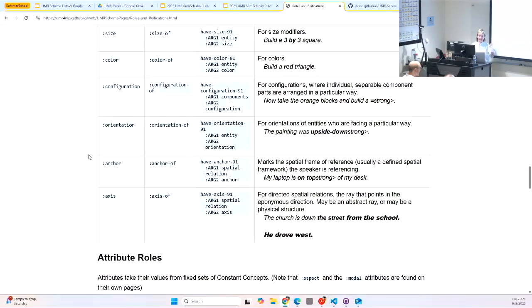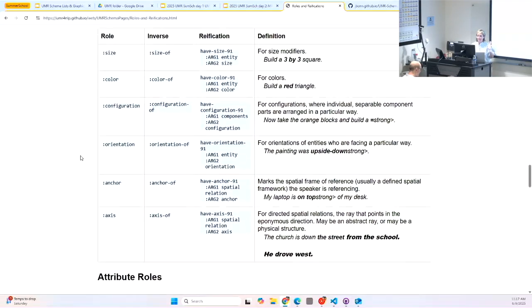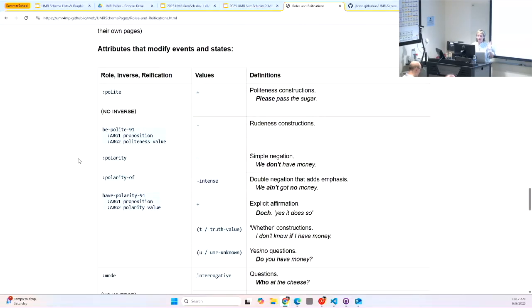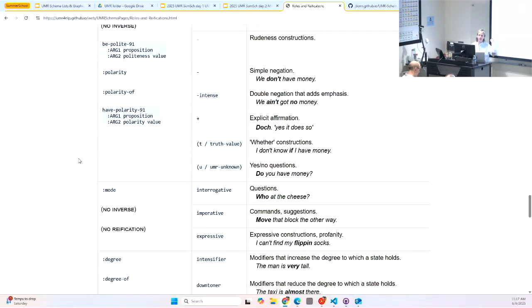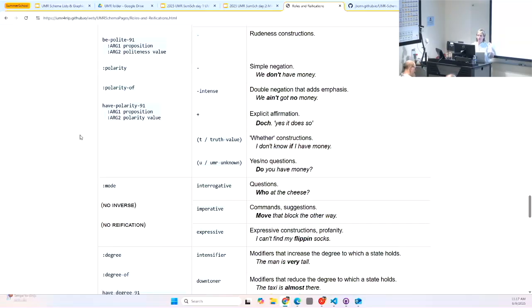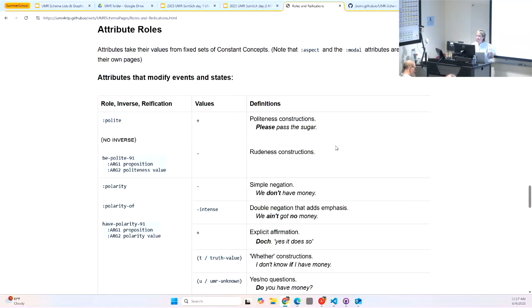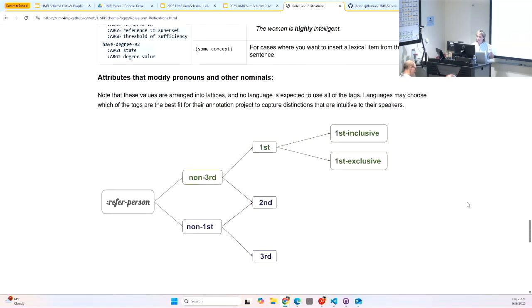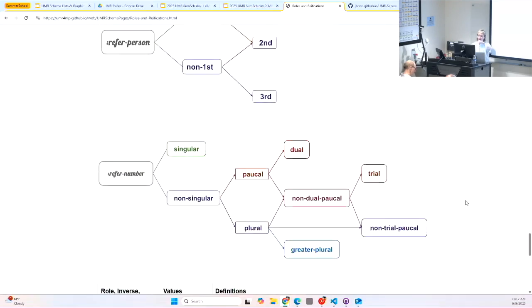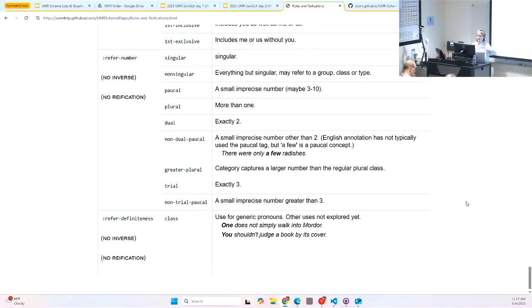So I think these are staying. And then the attribute roles. The only two attribute roles that have their own pages are aspect and modal strength, so those aren't on this page. Oh yeah, and then the pronoun section is down here. So those are the pronoun lattices.